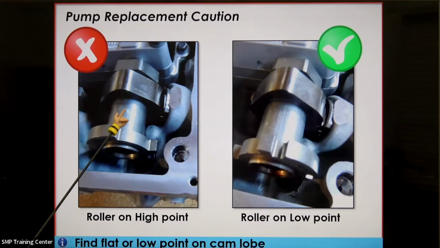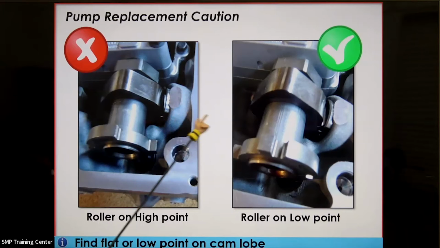We're saying the one here on the left is incorrect. Well, what's the deal? This is discussing replacing the high pressure pump. And of course, we know that we have these cam lobes right here. If we try to install a high pressure pump against the high point on the lobe, we're going to find ourselves battling a very, very, very powerful spring that I'm going to show you in just a moment.